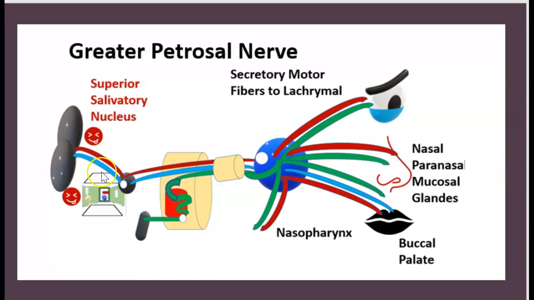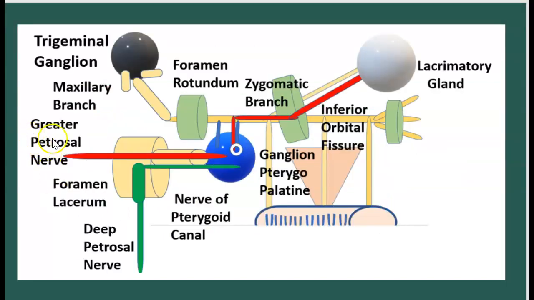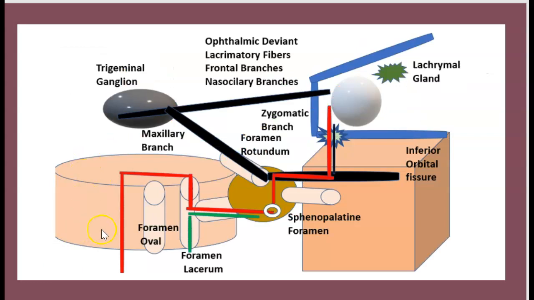They are accompanied by some taste fibers in the bony tunnel of the petrous part of the temporal bone to emerge in the middle cranial fossa to approach the foramen lacerum.